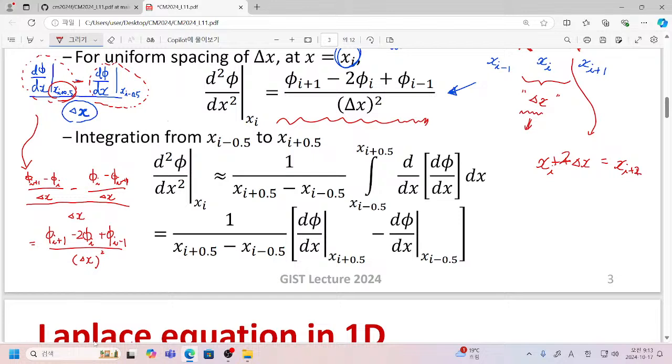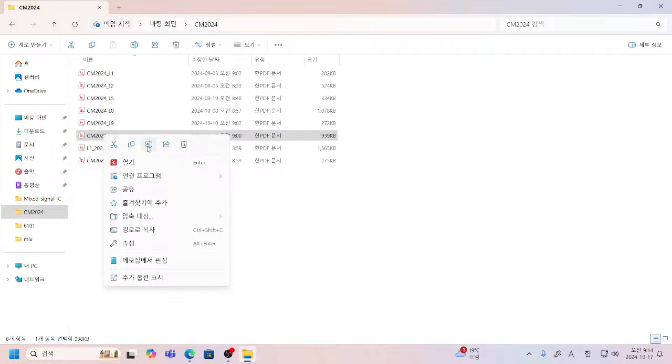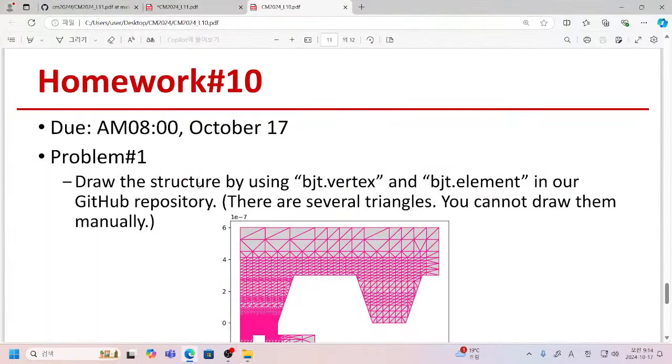So this kind of assumption was used in our previous treatment. However, in reality, our spacing can be quite non-uniform, even if we consider the structured grid considered in our previous lecture, lecture 10. It can be a non-uniform one.